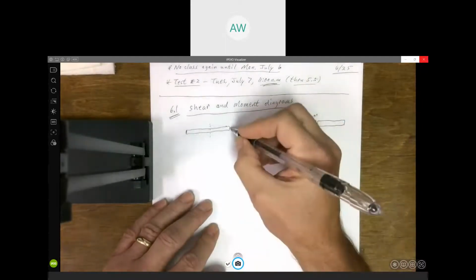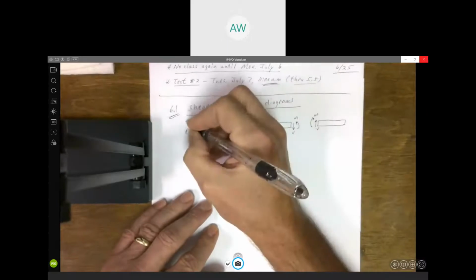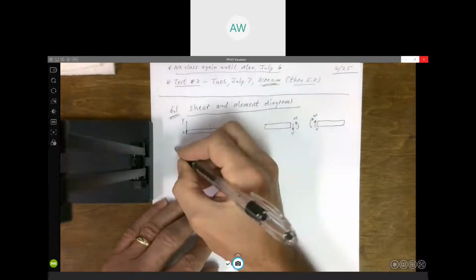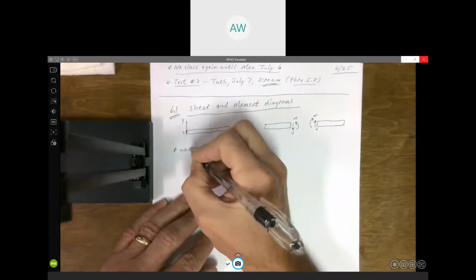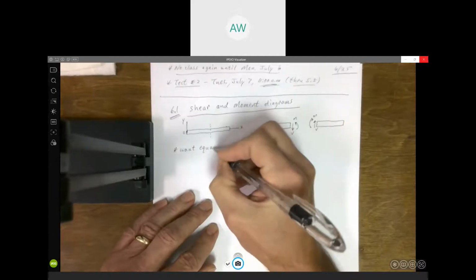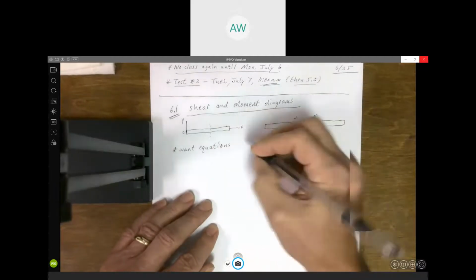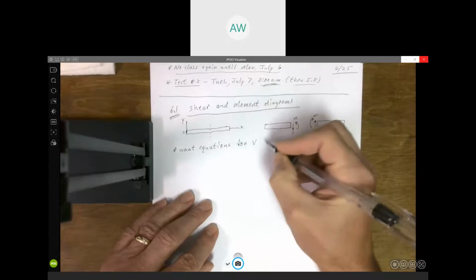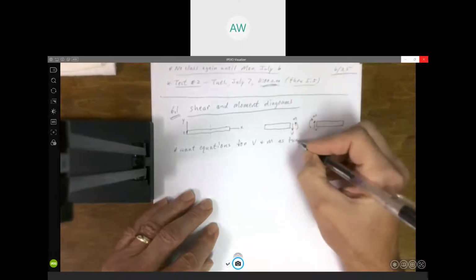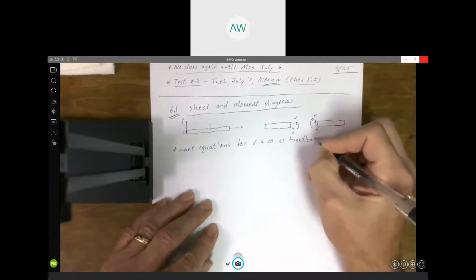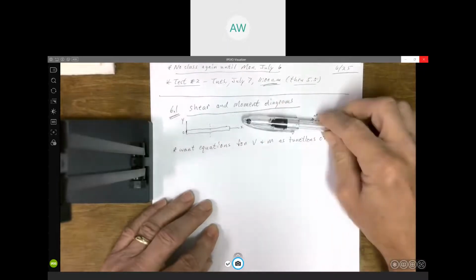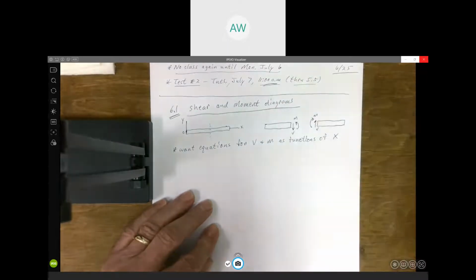We did this in chapter 1, but we did it at some particular specific location. What we want is, if we put a coordinate system on here, to find equations for V and M as functions of X, X being the longitudinal direction down the beam.